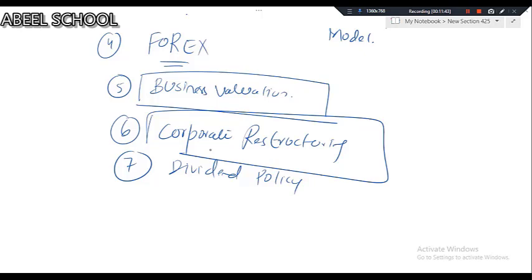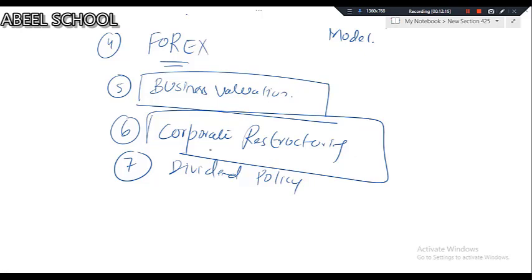We'll see. And one more thing, while discussing this corporate restructuring topic, to be very honest, you will see a number of double entries as well: debit, credit, SOFP, P&L, these things. And in corporate restructuring, basically, we will be discussing reporting areas as well.